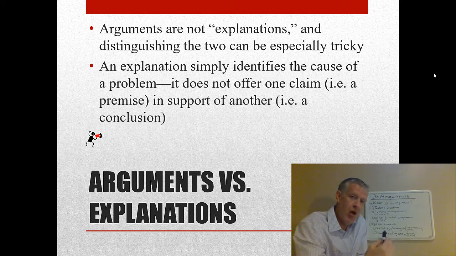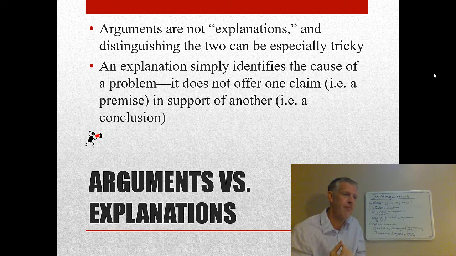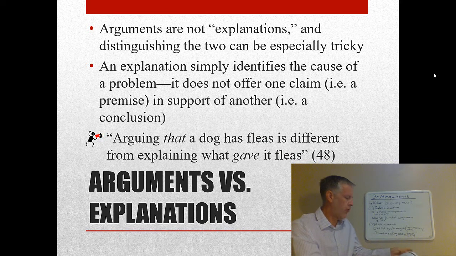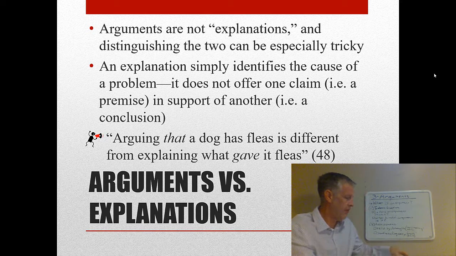Okay, it doesn't offer, and the whole key here, right, one claim in support of another. Right, and when there's an explanation at play, there's not that element of the person trying to convince us of something. Okay, that's always there with an argument. Okay? So they point out on page 48, quote, arguing that a dog has fleas is different from explaining what gave it fleas. And that's again from page 48.